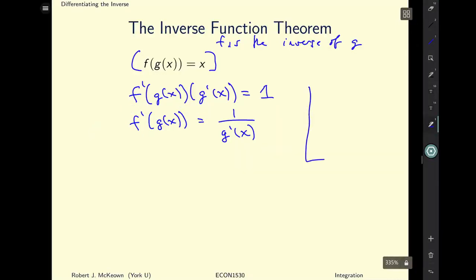If we're looking at this in terms of the y and the x-axis, consider a point x0 on some function. We have to make sure that it passes both the vertical line test and the horizontal line test. And suppose we're interested in x0.